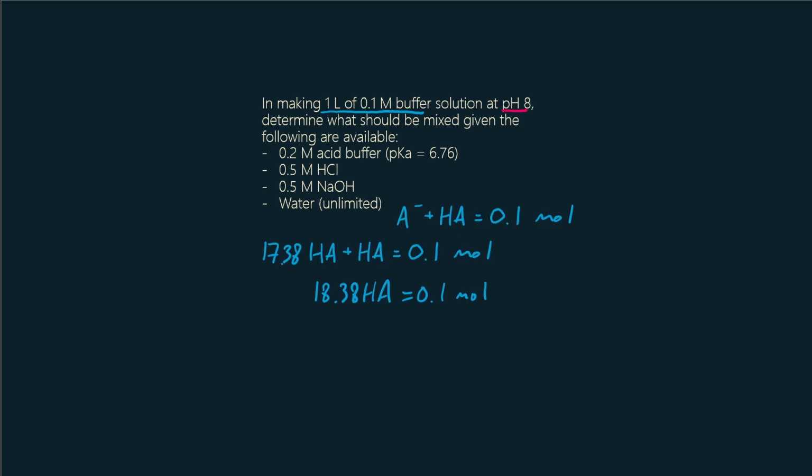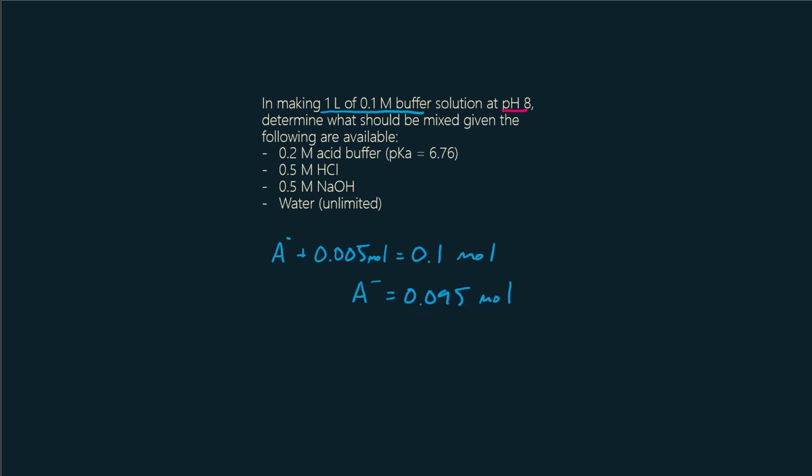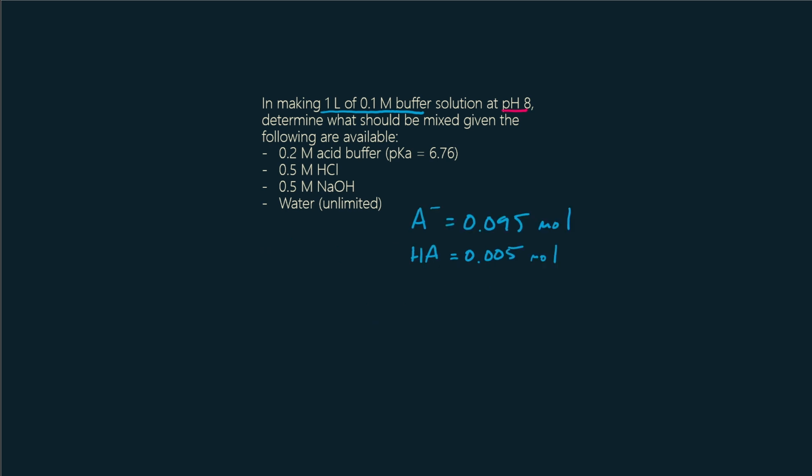Once we do that, we divide both sides by 18.38, and we get an HA value of 0.005 moles. To find A-, we can just plug this value into this equation, and once we do that, we get a value of 0.095 moles.